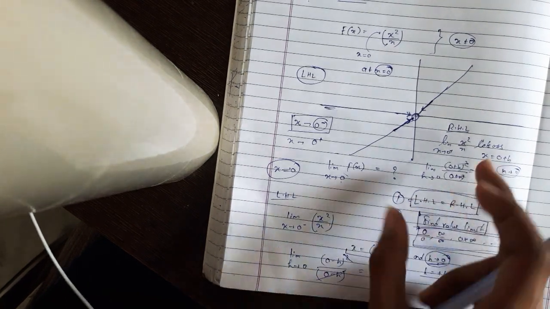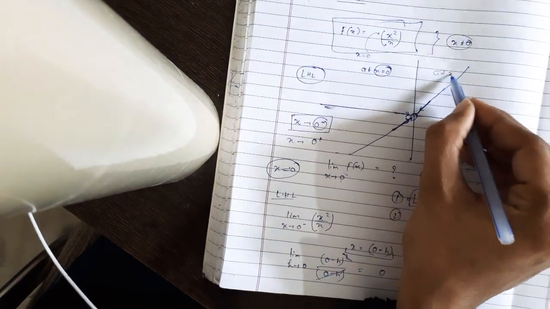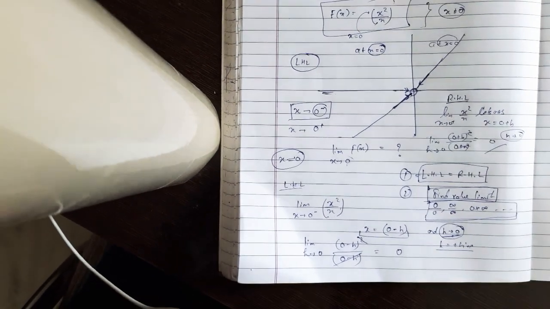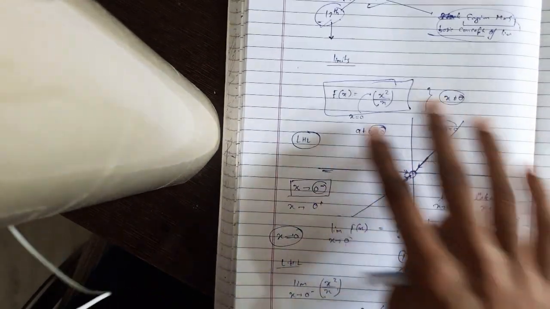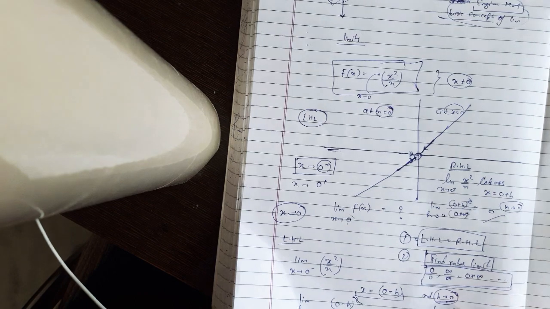So LHL equals RHL, which means for this function, as x goes to 0, the limit will exist. That is the portion of the limit which comes in the 12th part.